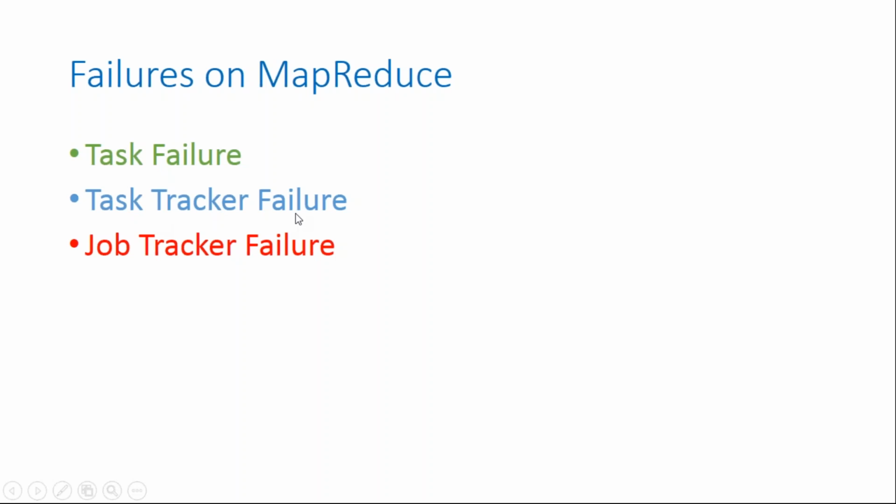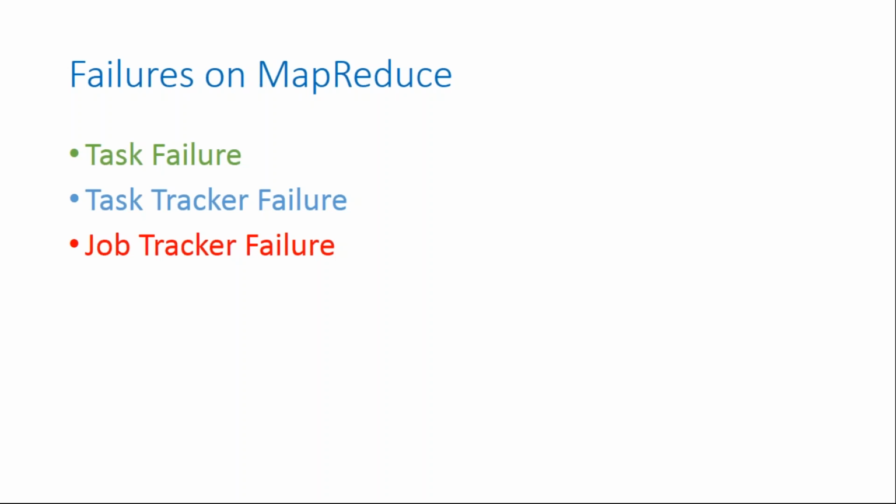And task tracker failure. This is called little serious, because if the task tracker fails, there is no one to report back to the job tracker about the failure. So the job tracker always keeps in touch with the task tracker, and if it realizes no responses are coming from the task tracker, then it is going to assign all the tasks under this task tracker on a different node to a new task tracker.